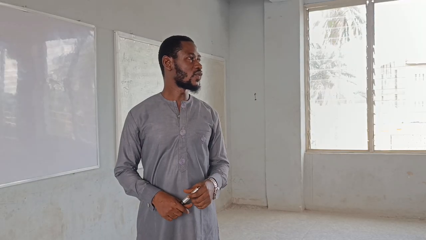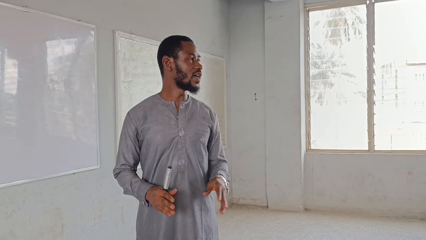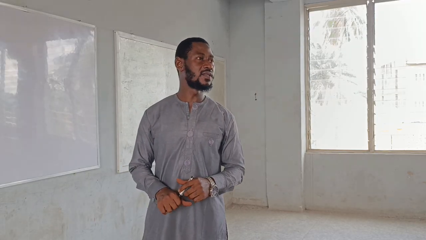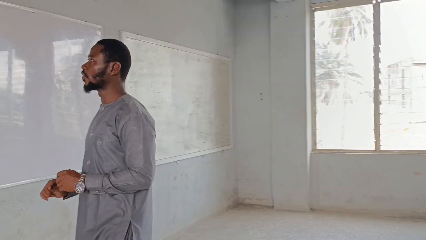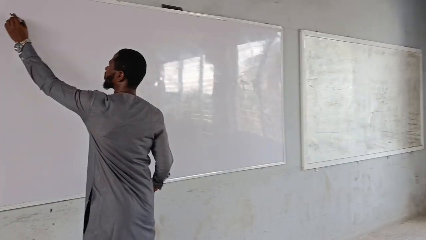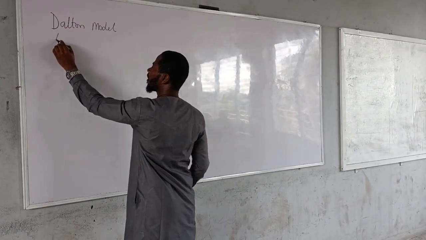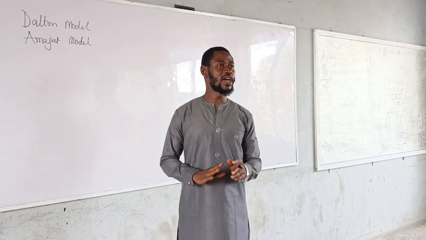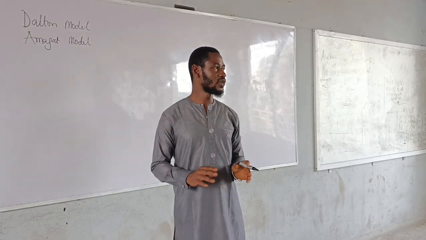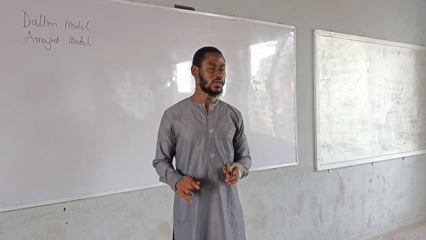The next two things that we are going to be talking about today before we end the class are the Dalton model and the Amagat model. The Dalton model is talking about pressure, while the Amagat model is talking about volume.